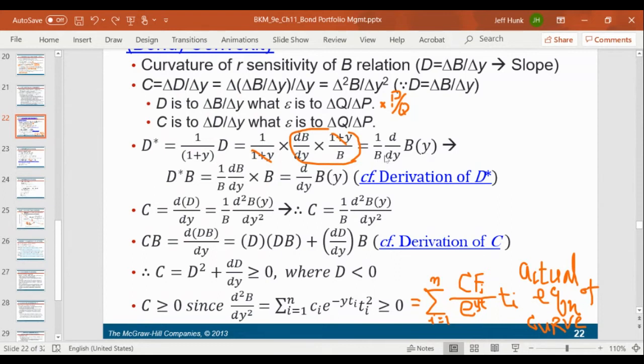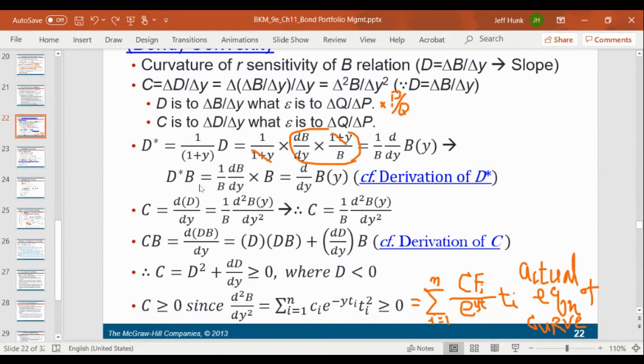So suppose you want to get rid of this 1 over B, what do you do?